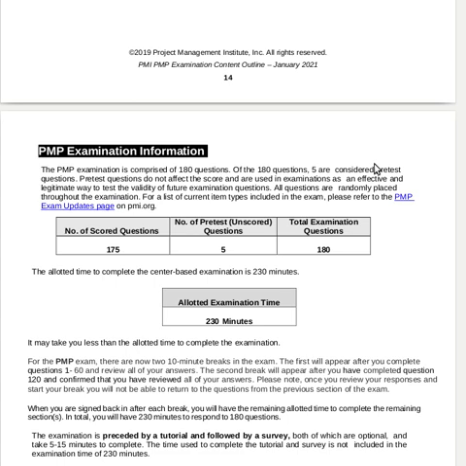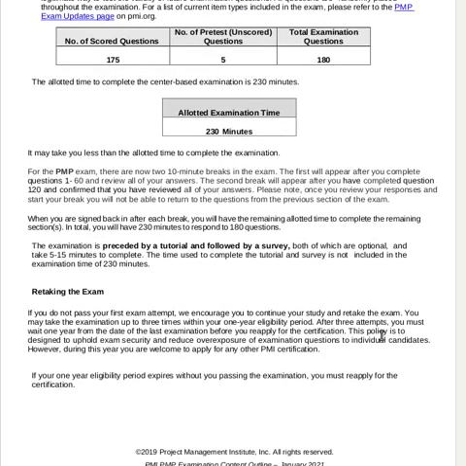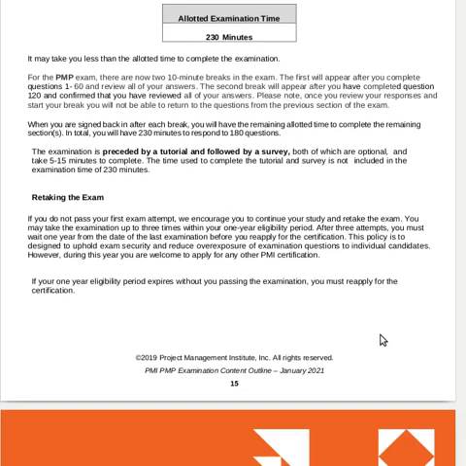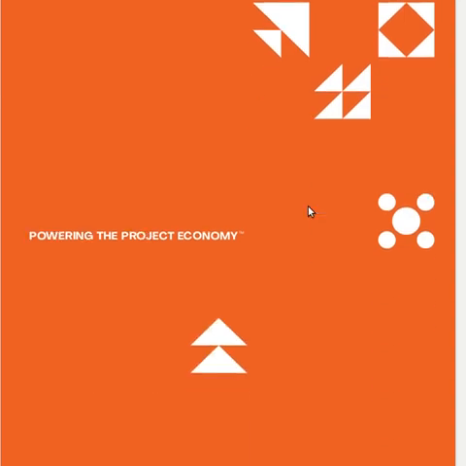Like total questions are 175 questions which will be counted, okay, out of 180 questions. 5 questions are not counted, and the allotted time for the exam is 230 minutes. In case unfortunately you do not pass the exam, so you have 3 attempts to pass the exam within 1 year. Okay, so this is the criteria defined by PMI for the PMP exam.